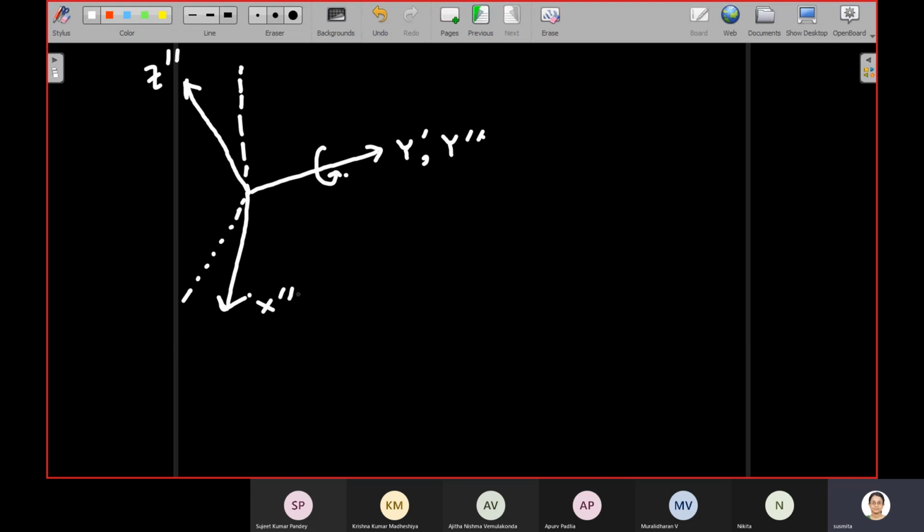The next rotation that we will apply is about the x double prime axis. Again, it is the positive rotation. The corresponding angle is phi. This is called roll.